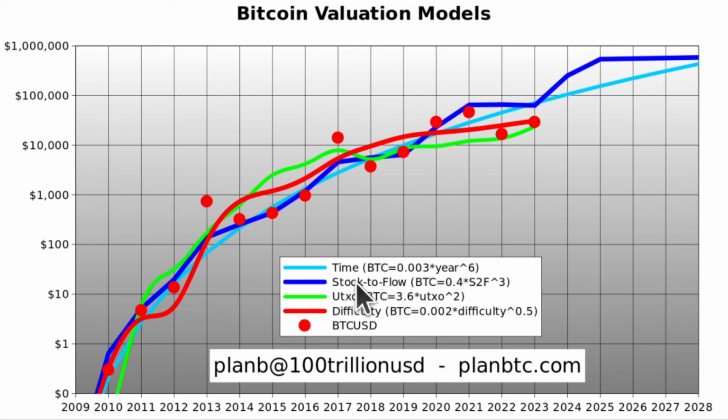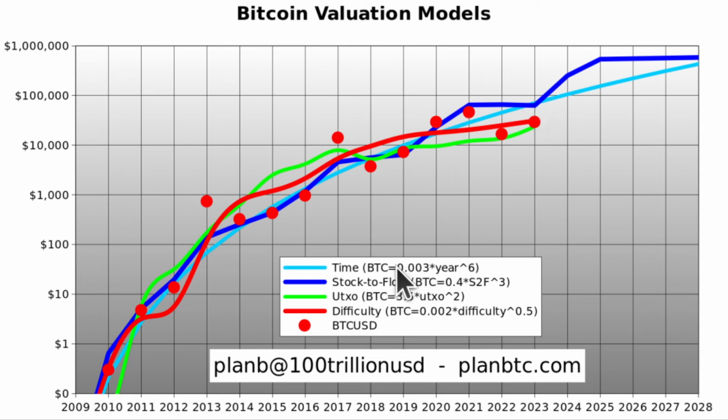Now the second model is the stock to flow model, and the stock to flow model is quite similar. It's a dark blue line, quite similar to the time model. However, it has some jumps, and the jumps are, of course, the halvings. It's at 60,000-ish right now, which is quite similar on the log scale to the time model.